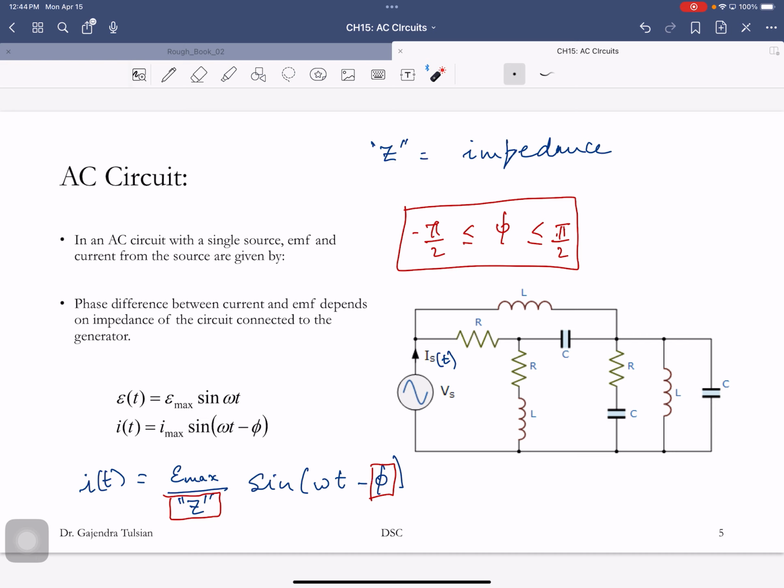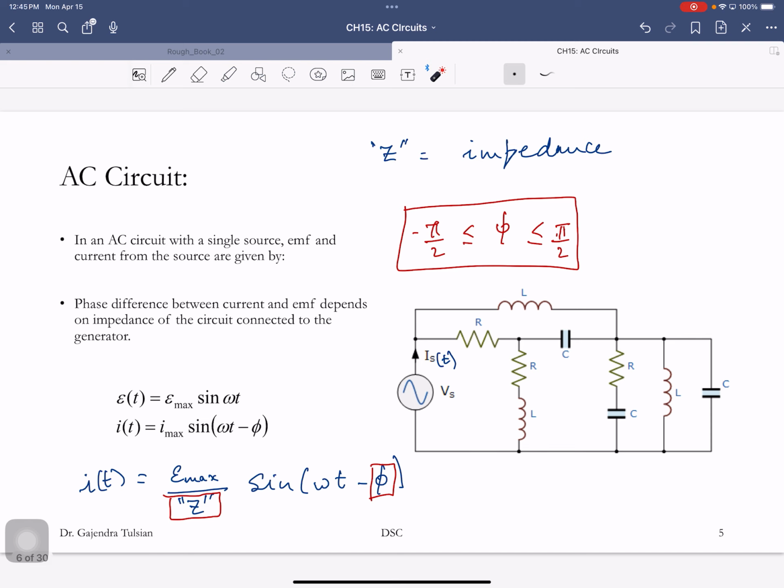Again, when this phase factor is 0, that's when maximum power is transferred to the load. If the phase factor is either pi by 2 or minus pi by 2, no work is being done here. So in our AC circuit, we are interested in these two quantities.